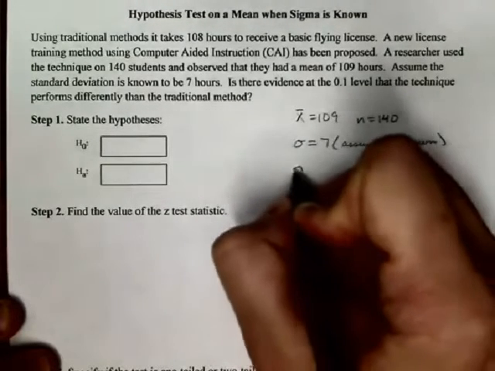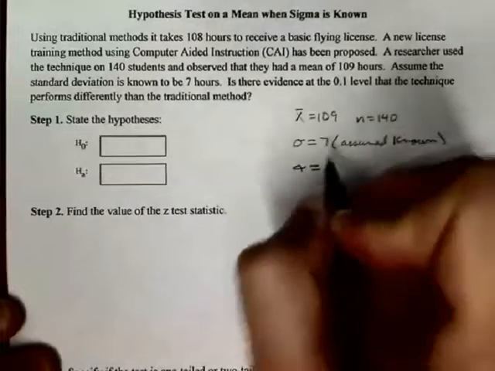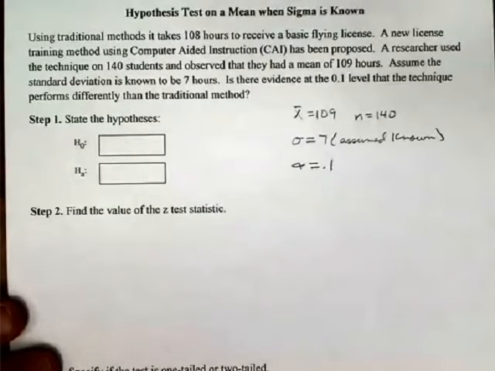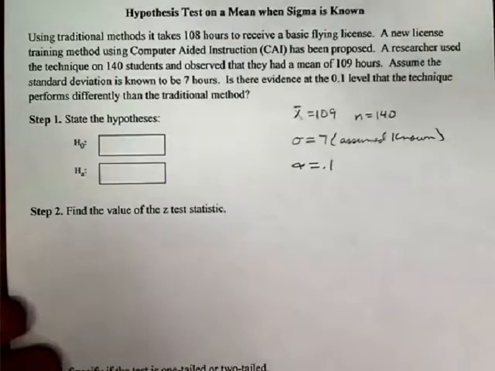And lastly, alpha is 0.1. That's the significance level. We're willing to make a type 1 error at a 10% rate. A type 1 error is falsely rejecting a null hypothesis, in other words, rejecting a null hypothesis when you should not, because it's true.